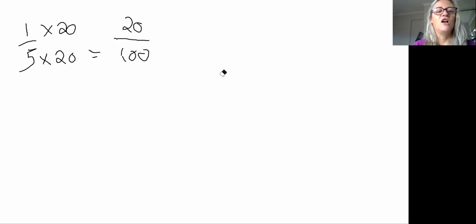Okay, there we go. So now we have a fraction that is over 100, which makes it easier to turn that fraction then into a percent. Because all we do is we take that top number, that 20 that is there. Sorry, I will just change that to a pen.